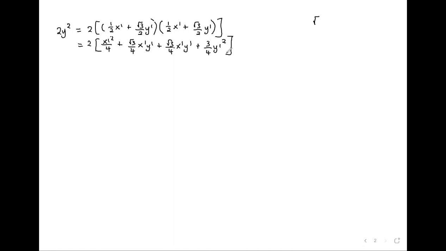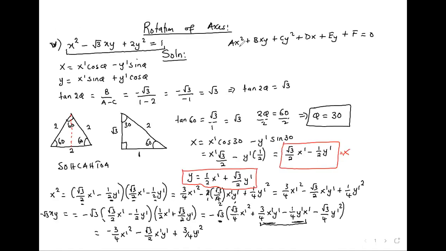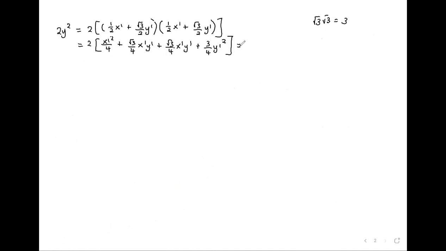Just to emphasize, if you're multiplying root 3 by root 3, you get 3 alone. So this simplified, because I've already simplified some of them here. We'll send the 2 inside. So we get x prime squared over 2, because the 2 will cut the denominator here.